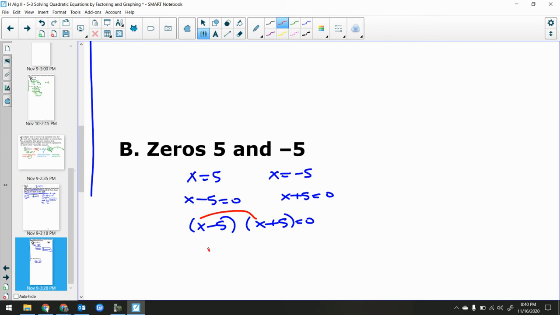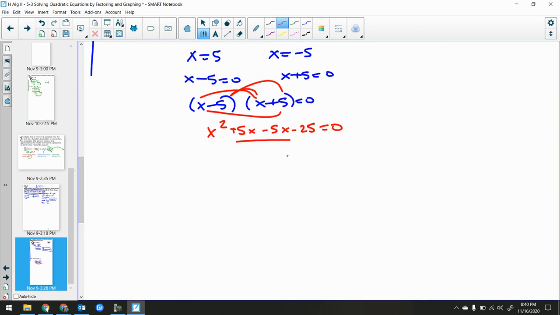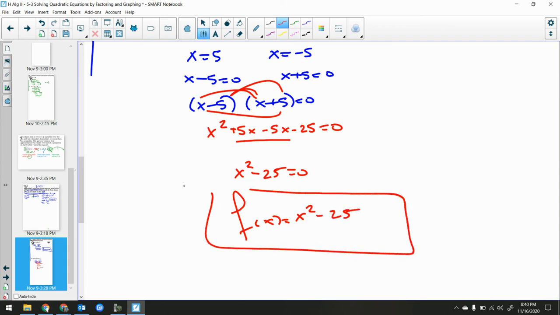First, x times x, outer, 5x, inner, negative 5x, last, minus 25. So this is a difference of squares. Those cancel. X squared minus 25 is equal to 0. So my function is x squared minus 25. That's the function that makes those zeros.